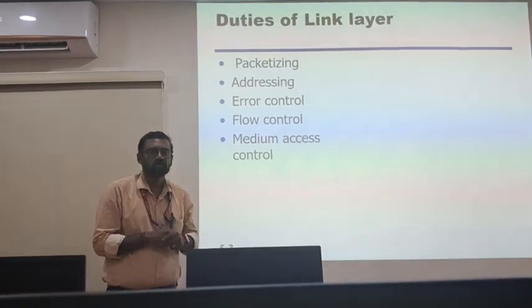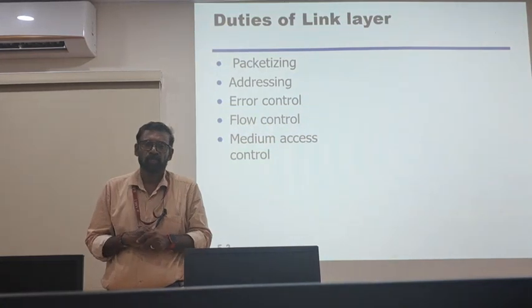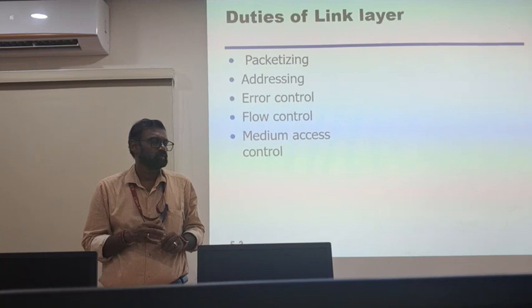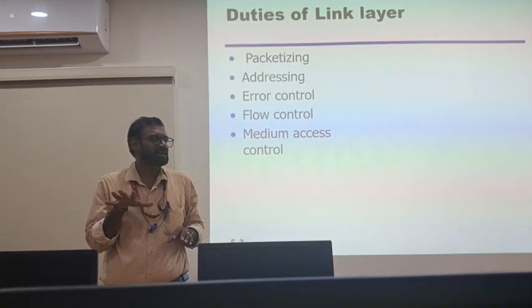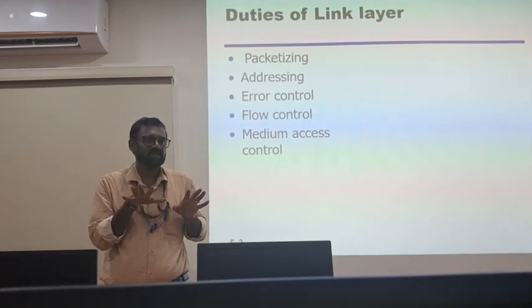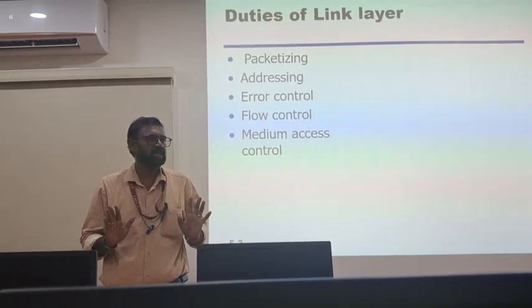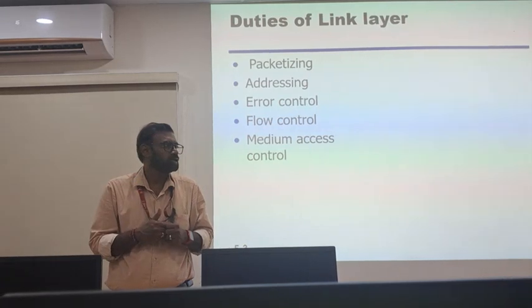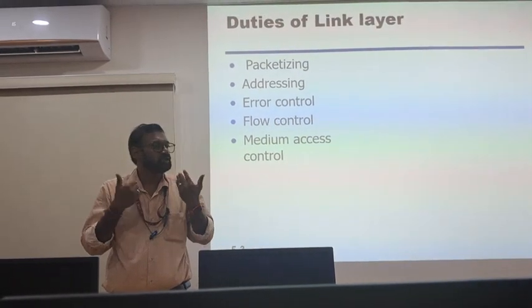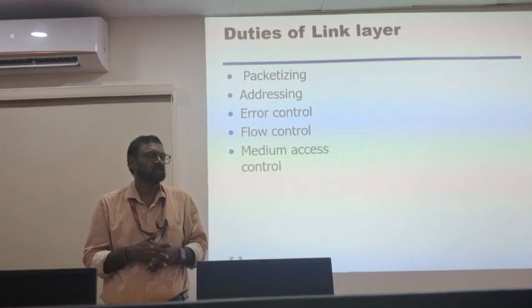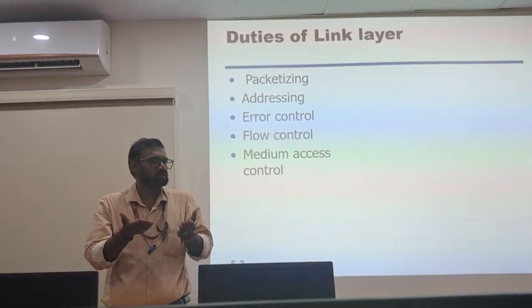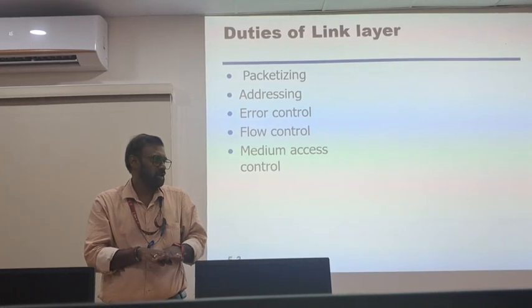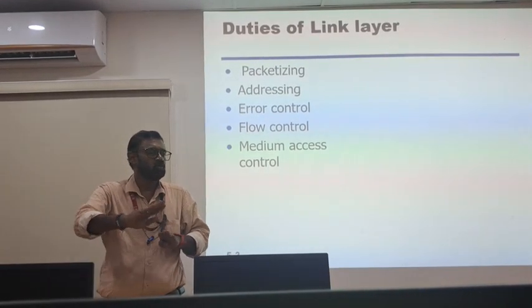The flow control means what? How the flow of transmission is matched, synced. Suppose I am taking class. Firstly, I am taking class very fast, so you cannot follow. If I understand that the students are not able to understand, I can reduce my speed of taking class, so that now we can match.